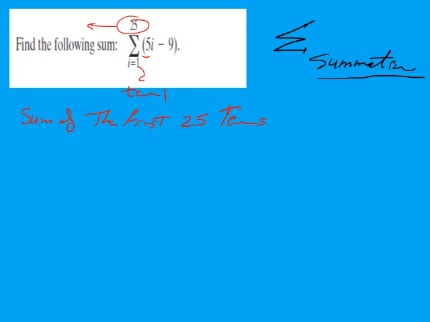The sequence is 5i minus 9. To figure out the sequence, I'm going to replace i with 1. So if I want to find a1, it's 5 multiplied by 1 minus 9, which is equal to negative 4. If I want to find a2, it's 5 multiplied by 2 minus 9, which is equal to 1. If I want to find a3, it's 5 multiplied by 3 minus 9, which is equal to 6.